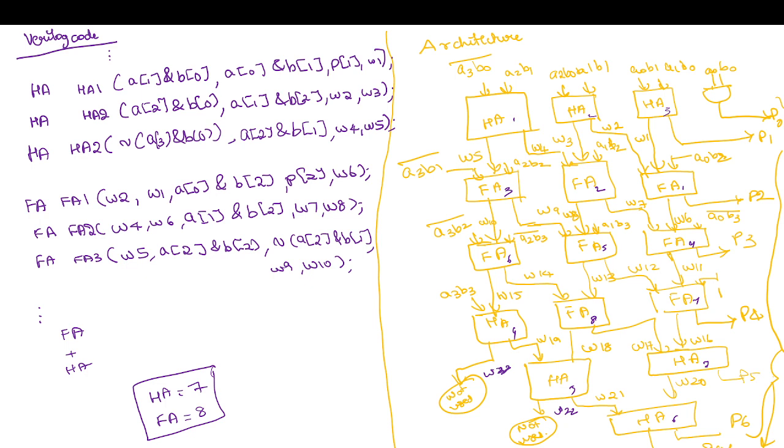8 half adders, 7 full adders. I think here this is a half adder, it is only two inputs, right? No, this eighth one, this particular block, I have written full adder, I think by mistake. This is taking only two inputs, so this half adder is enough for this. Yes, so eight half adders and seven full adders.